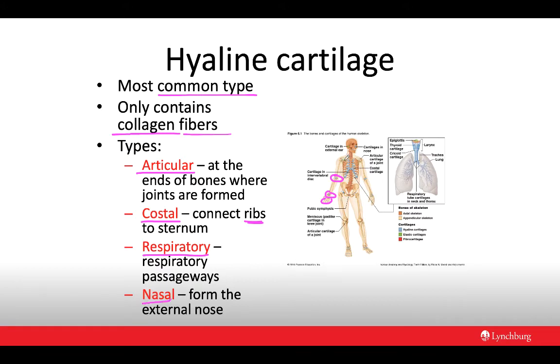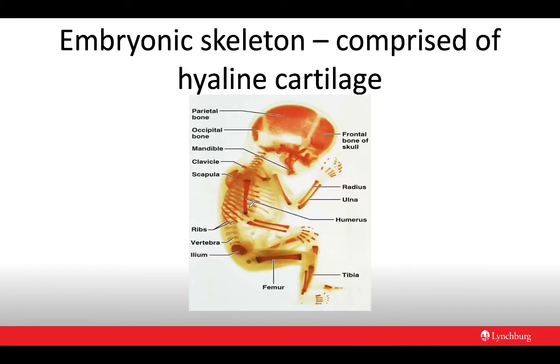And then nasal cartilage is in your nose. All of those are different locations of hyaline cartilage. Also of note, the embryonic skeleton is formed initially entirely of hyaline cartilage when the fetus is very new, and then gradually that hyaline cartilage is replaced by bone. So that hyaline cartilage forms like a template for the bone to come in and lay down before the baby's born.